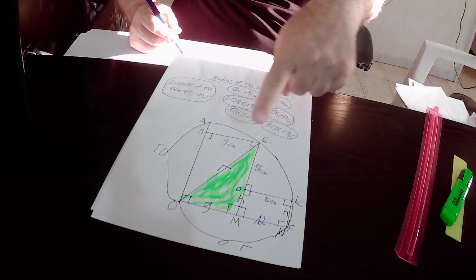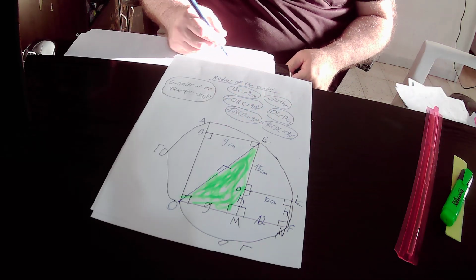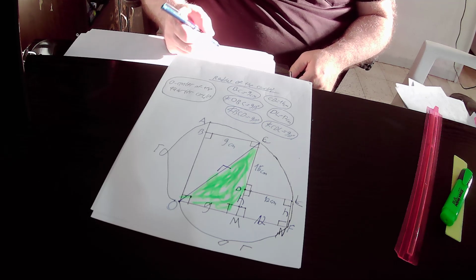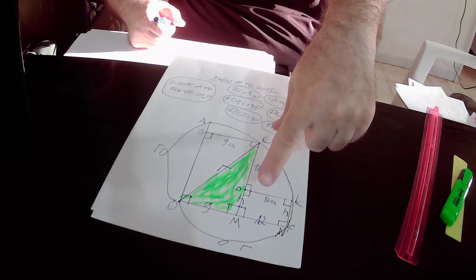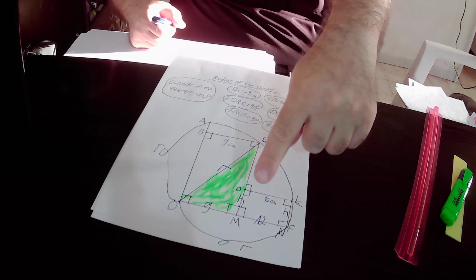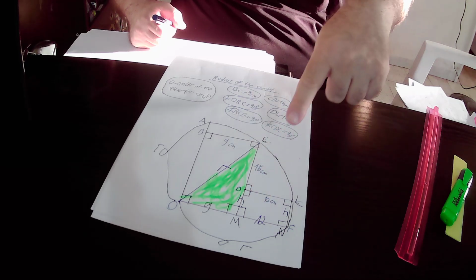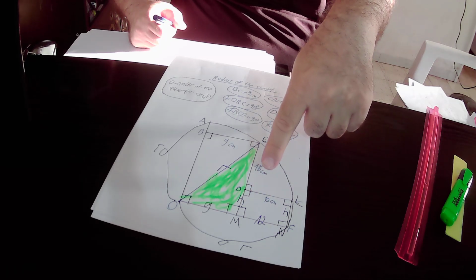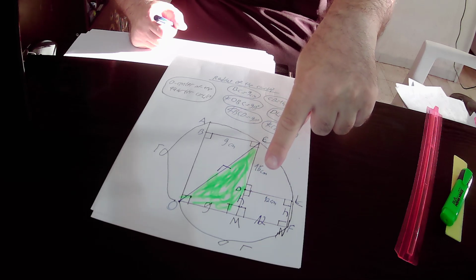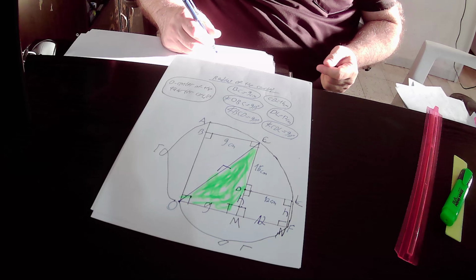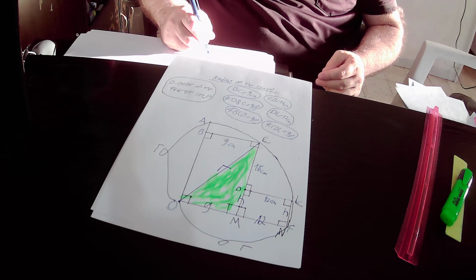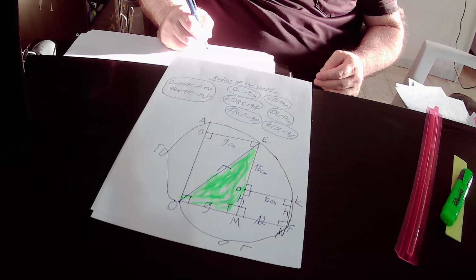Here OM equals 9 units, therefore OM square is 9 squared, that is 81, plus CM square. Here CM equals CD plus DM. That is to say, CM equals CD, that is 16, plus DM, that is H. So in total, CM equals 16 plus H, therefore CM square will be equal to (16 plus H) square.